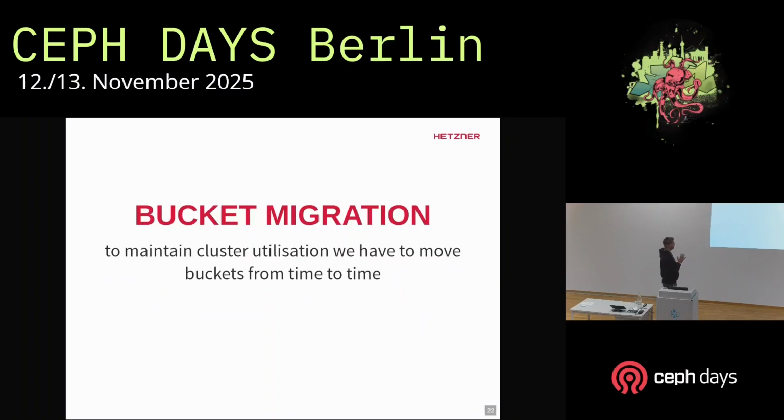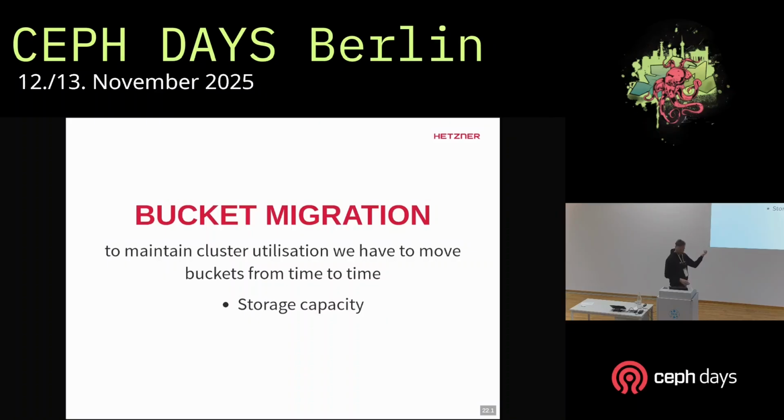Yeah, next thing is the bucket migration, and there it becomes really, really interesting on how we need to do it. So again, we are limited on the cluster size. We don't want to grow it bigger than that. So we have to create additional clusters. So we have to migrate the data at some point from one cluster to another.